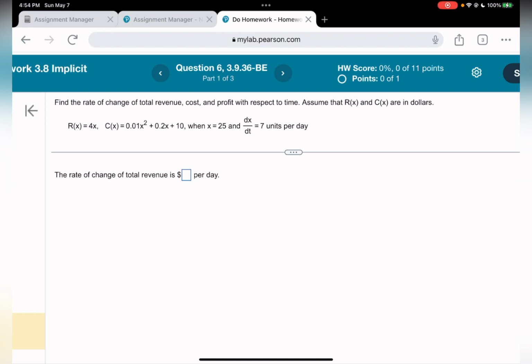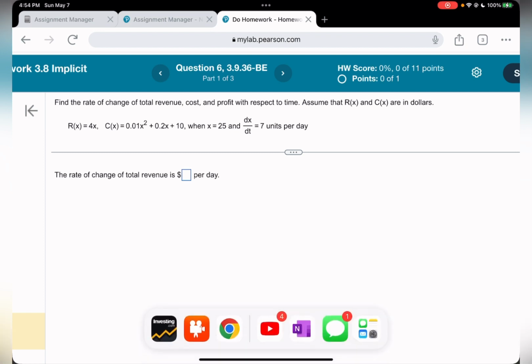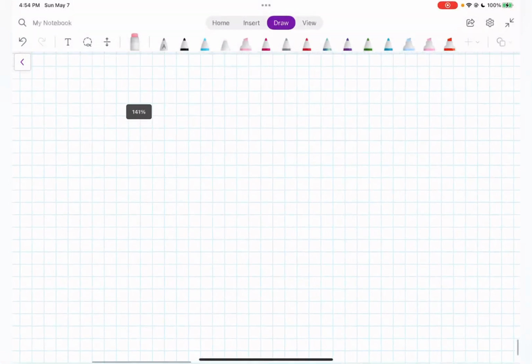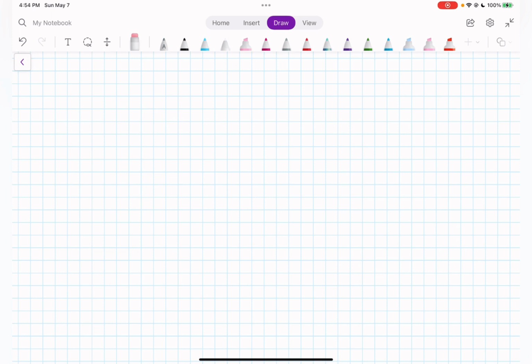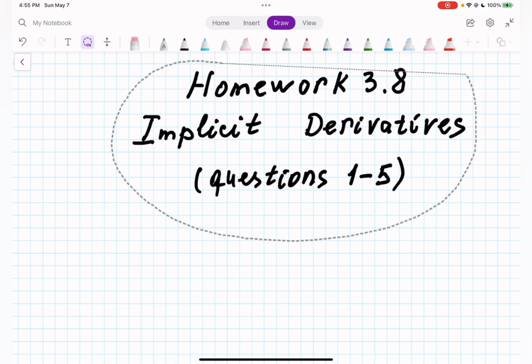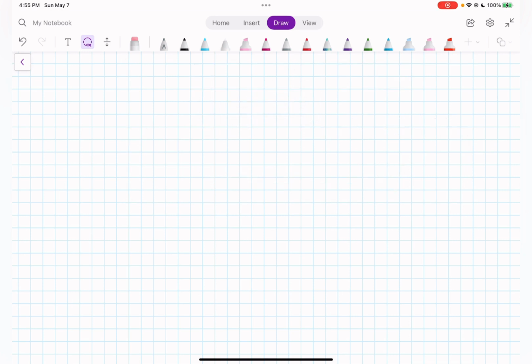So first question, find the rate of change of total revenue in dollar amount. 7 is units per day, we need to know the total. So revenue R of X is equal to 4x.